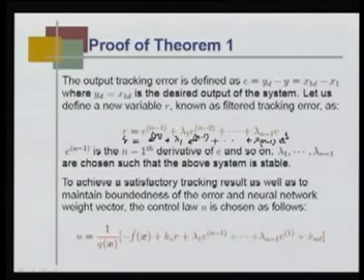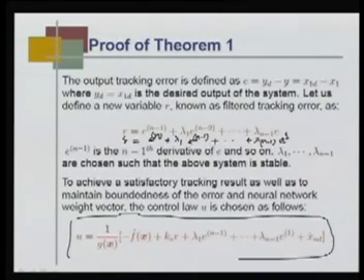To achieve a satisfactory tracking result as well as to maintain boundedness of the error and neural network weight vector, the control law u is chosen as follows according to the theorem. This is our control law. You can check that this control law has a feedback linearization structure, that is 1 upon g x, and in the first case we have assumed g x to be known, and also we assume g x is not 0.